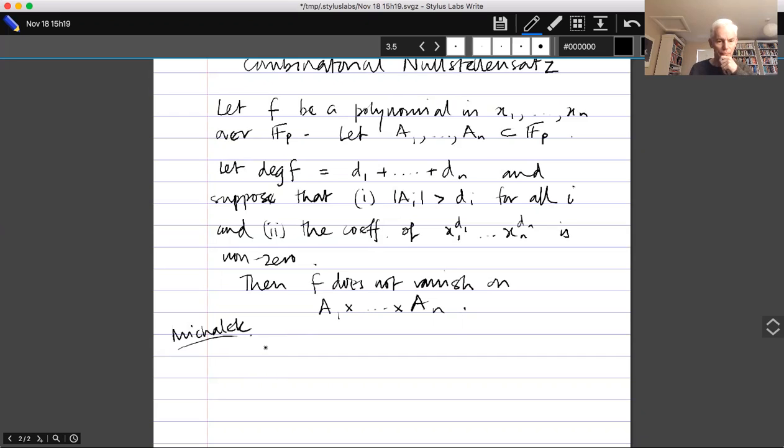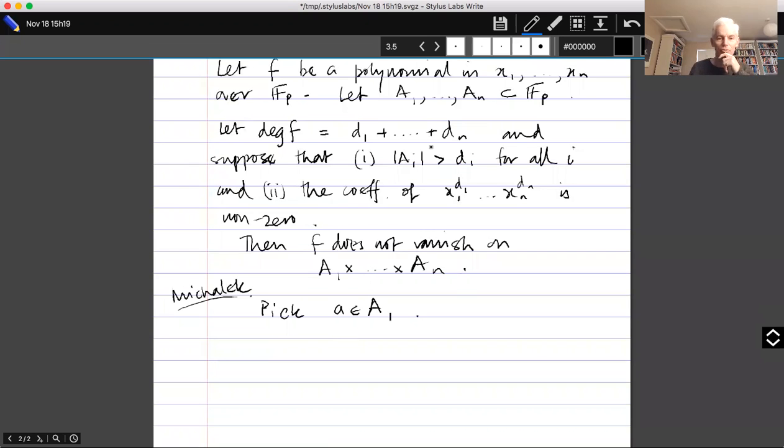So we're going to assume the result for all degrees smaller than d1 plus up to dn. And by the way, the base case when the degree is 1 is completely trivial, so I'm not going to even bother to show you how to do it.